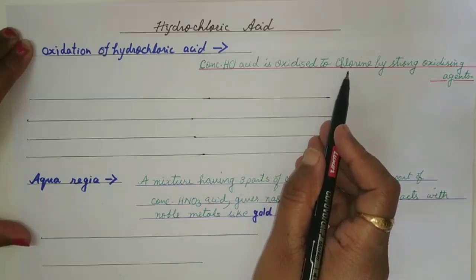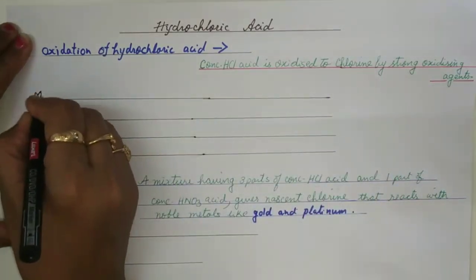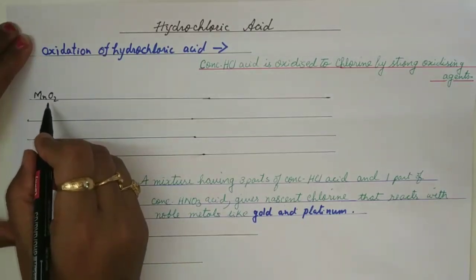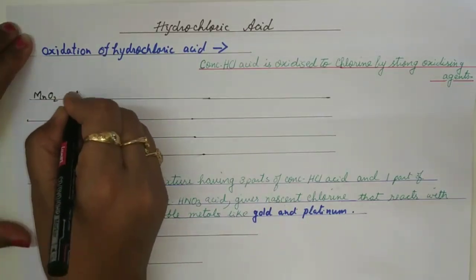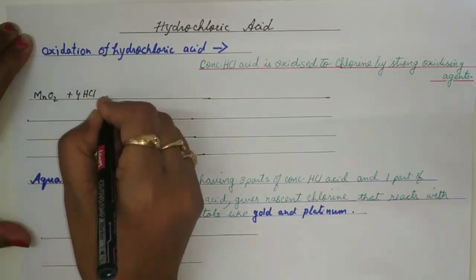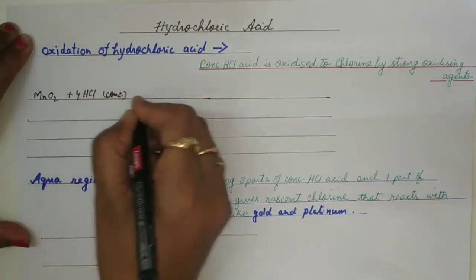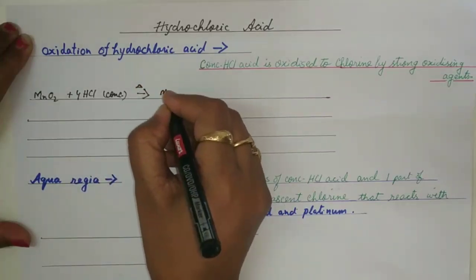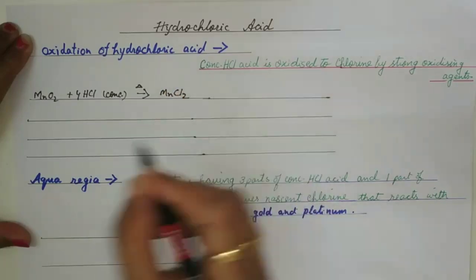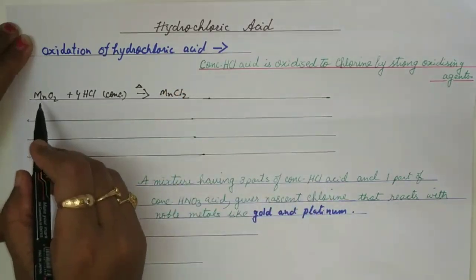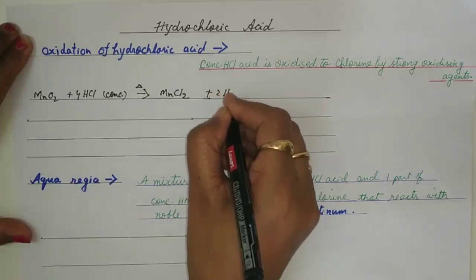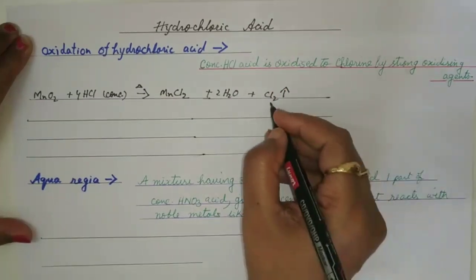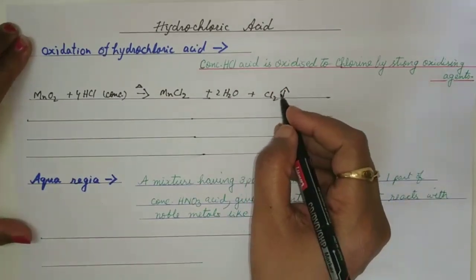and chlorine gas. So let the first one be manganese oxide, MnO2, which is black in color, with HCl, now conc. Remember, little heat is required and you get a salt, that is manganese chloride, because your metal is manganese here. You get water and chlorine gas, a greenish yellow, colored gas.